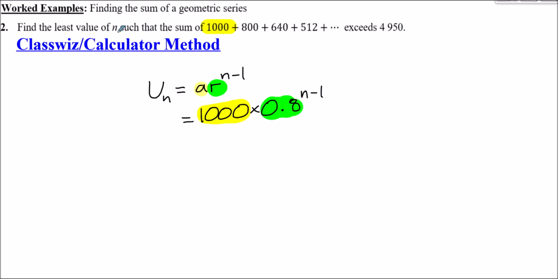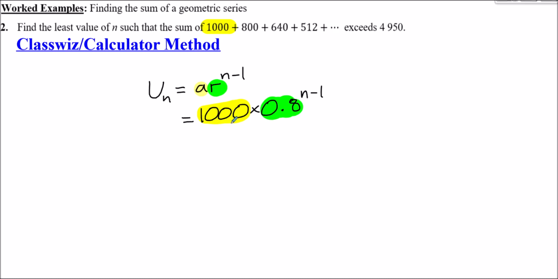So if the wording is in a certain way, it may mean that you can't just give an answer of n, you might need to show some working. If it didn't say that, if it was just simply state n, you might be able to get away with just using your calculator. It's not always the wisest bet, but it's worth a punt, it's worth a go. But at the very least, what I can guarantee you is knowing this calculator method is a good way of double checking your answer, if nothing else.